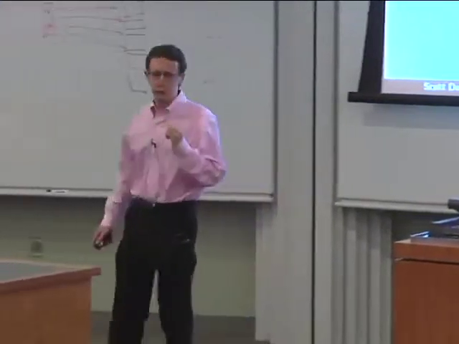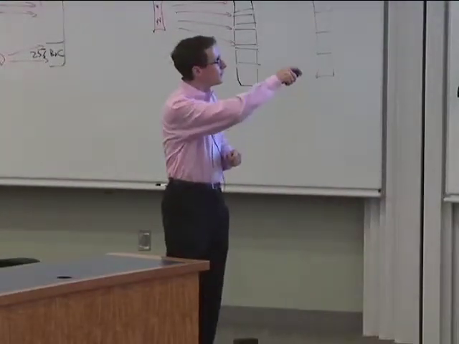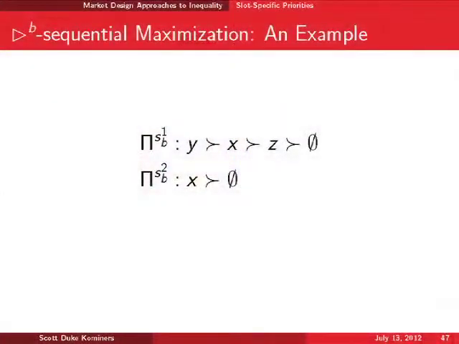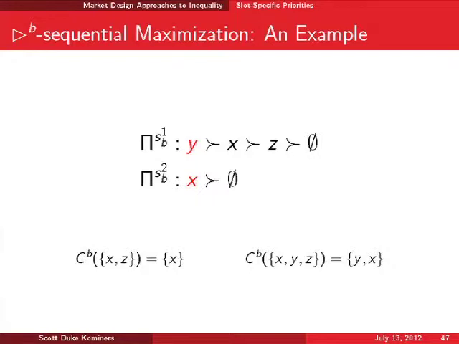Quickly, an example of how this works. So 2 slots, this is not a real life-size problem. 3 potential contracts, Y, X, and Z. So if you just have access to X and Z, as a branch, you fill going down, slot 1, then slot 2. So you just take X. If you now gain access to Y, you take Y for the first slot, and now you'll take X at the second.